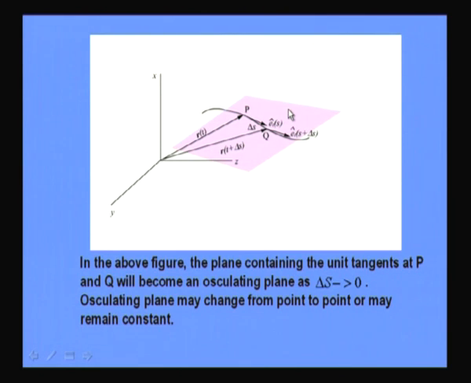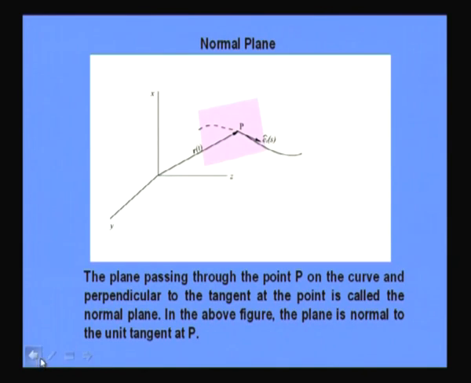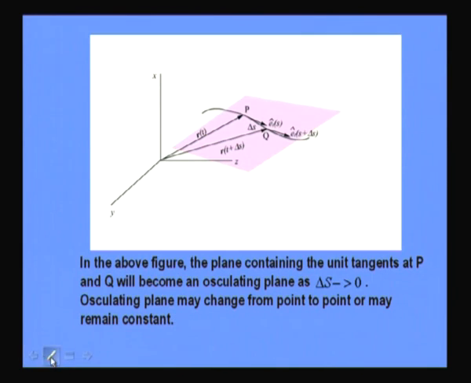The plane containing the unit tangents at P and Q becomes the osculating plane as delta s tends to 0. So the osculating plane may change from point to point or may remain constant. If the motion is taking place only in a plane, then that plane itself is the osculating plane. Osculating means kissing. So the osculating plane just kisses the path, that is why it is called the osculating plane.